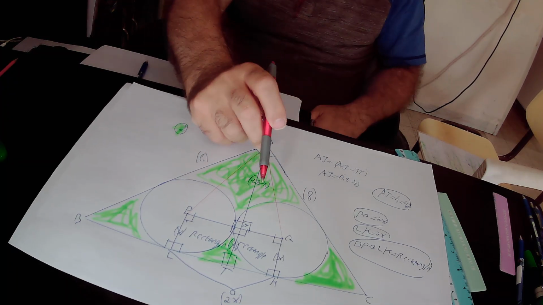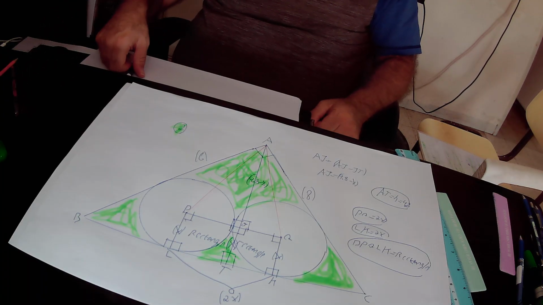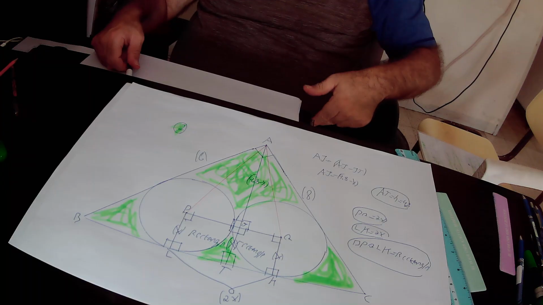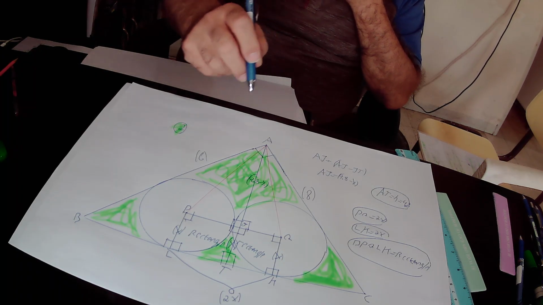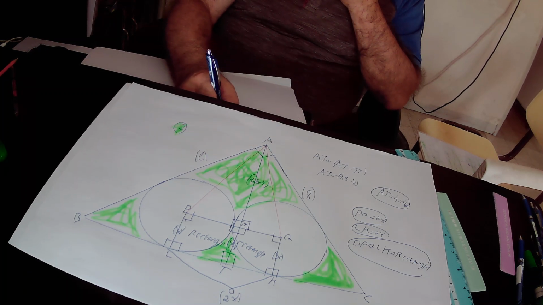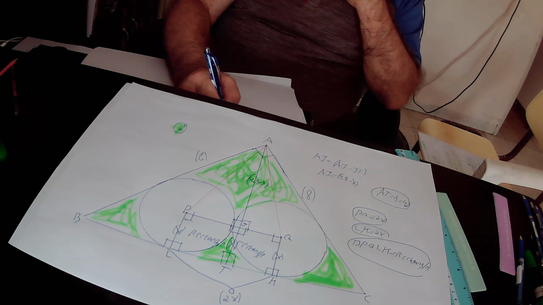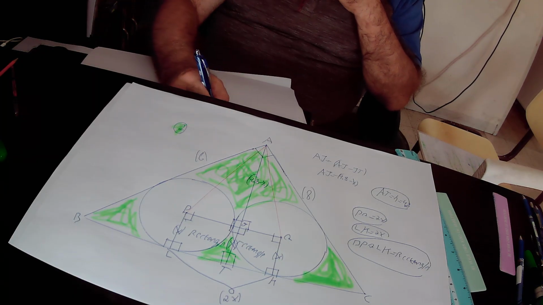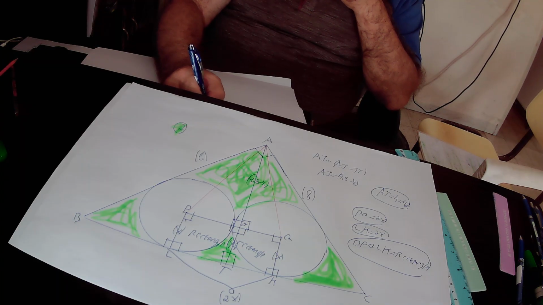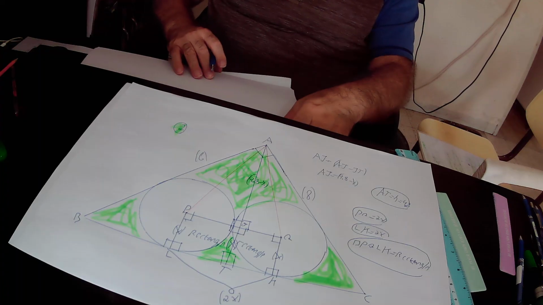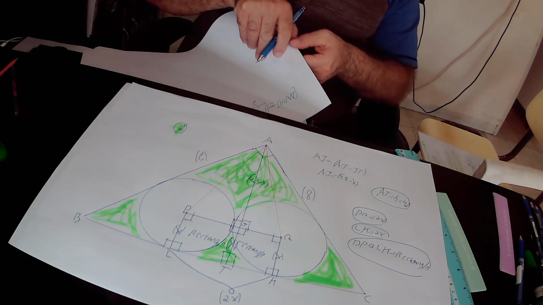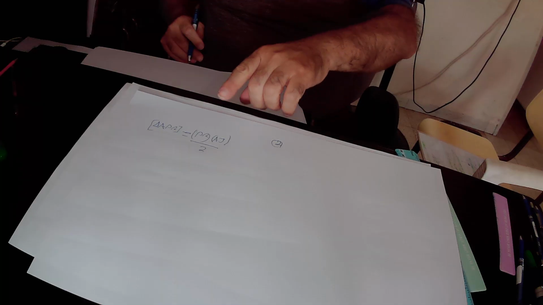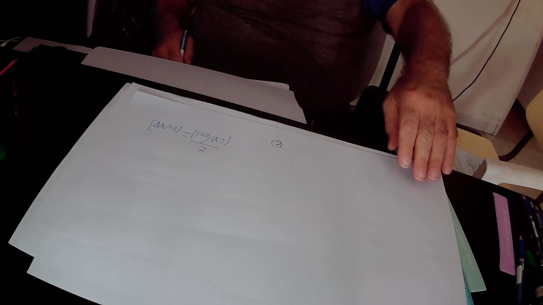So we found out that the area of this small triangle APQ in total is equal to the base PQ times the height AJ over 2.